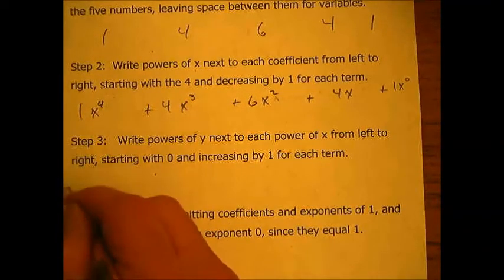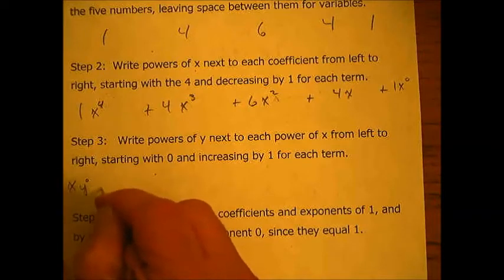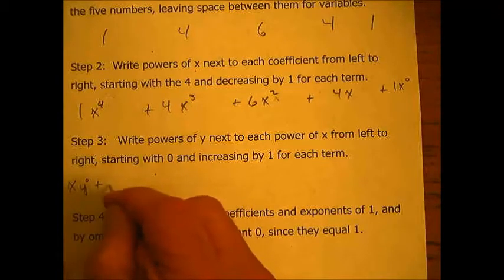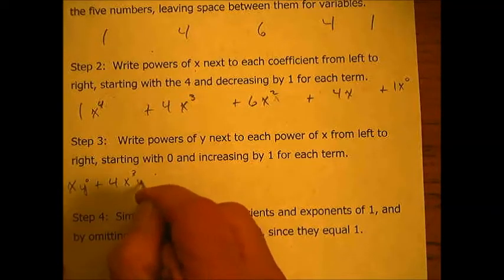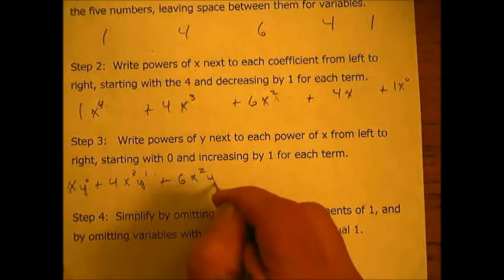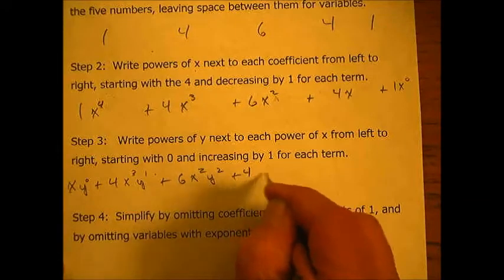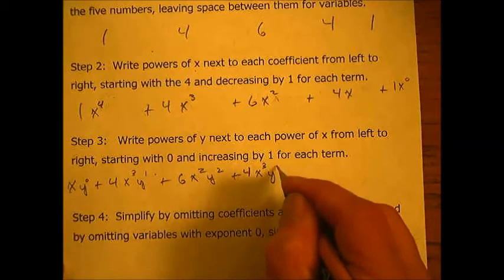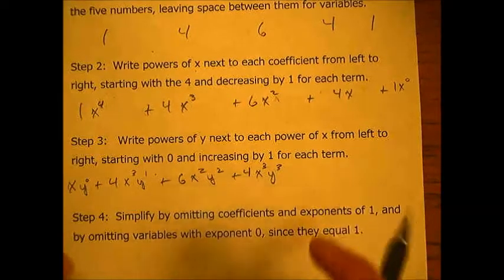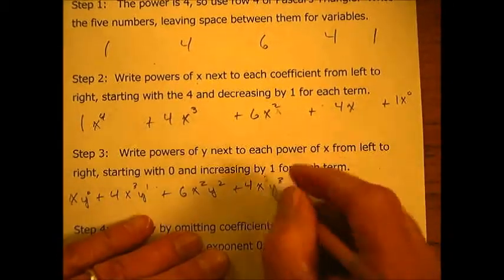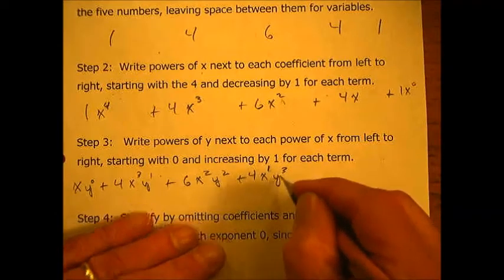So right now I have x to the 4th, and then y to the 0, plus 4x cubed y to the 1 plus 6x squared y squared plus 4x, which is x to the 1, y cubed.